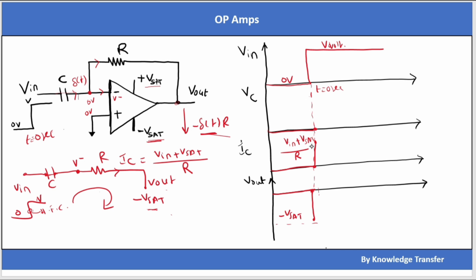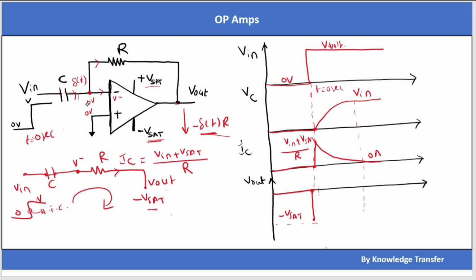Then what will happen? Because this is RC, the capacitor starts charging exponentially, and it will go to Vin volt. In the same way, the capacitor current Ic will slowly decrease exponentially and become 0 ampere when the capacitor reaches Vin volt.